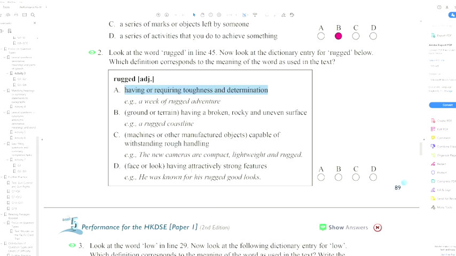Or a person who looks attractive, it would be for men. Usually you would look tough, strong, big. And no, this is talking about a mountain, so this is definitely going to be B.